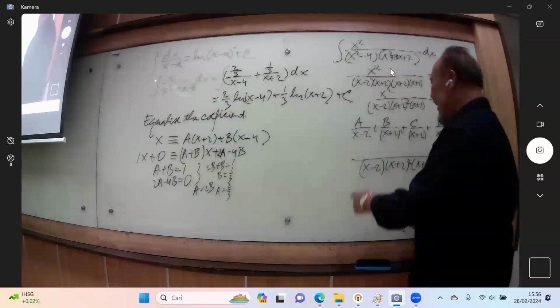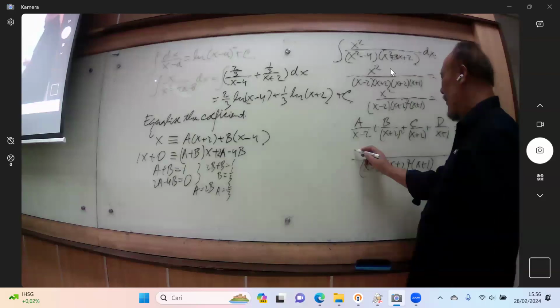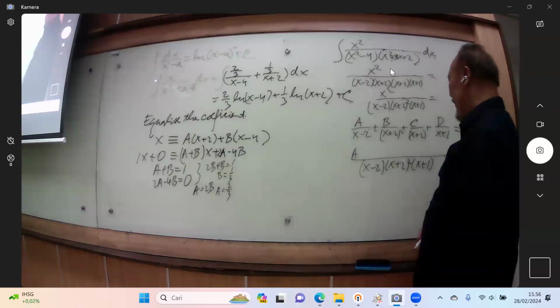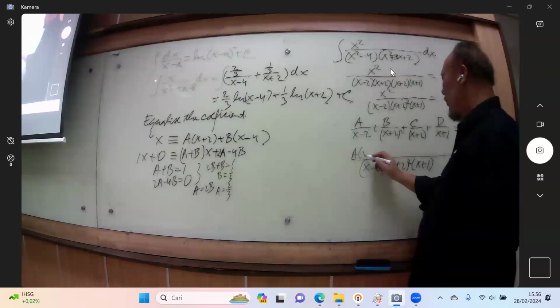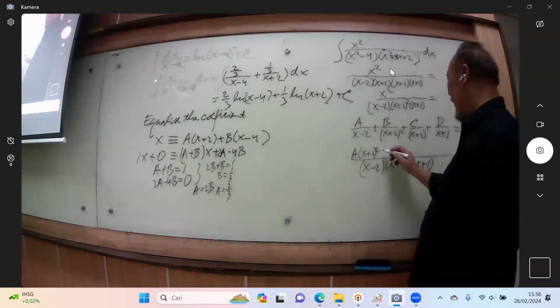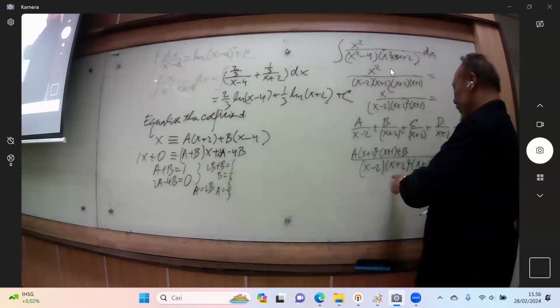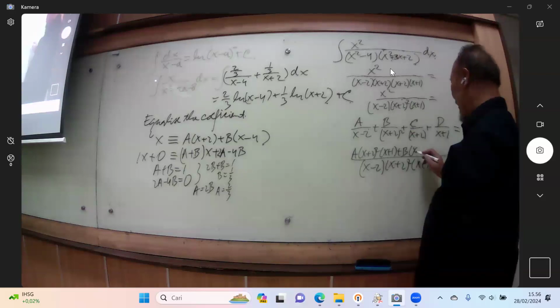Now A has x minus 2, so we need to multiply by x plus 2 square and x plus 1. For B, we have x plus 2 square, so we multiply with x minus 2, x plus 1.